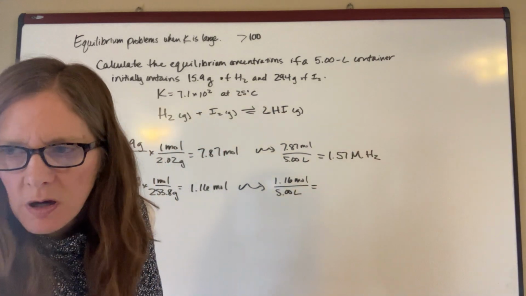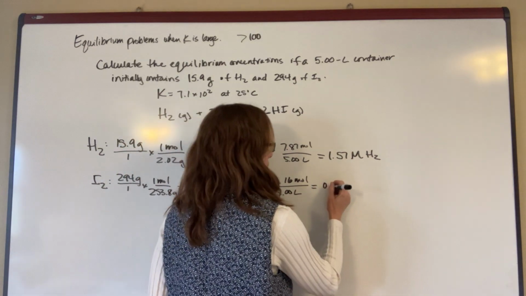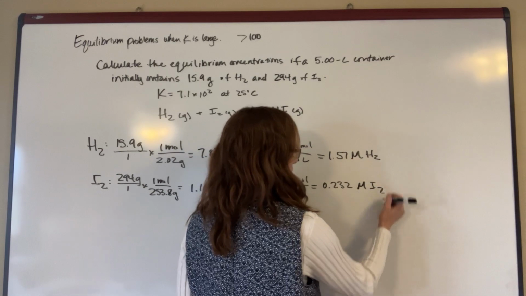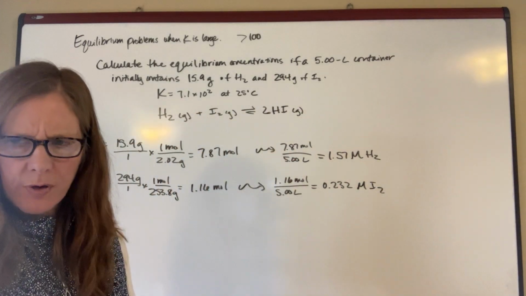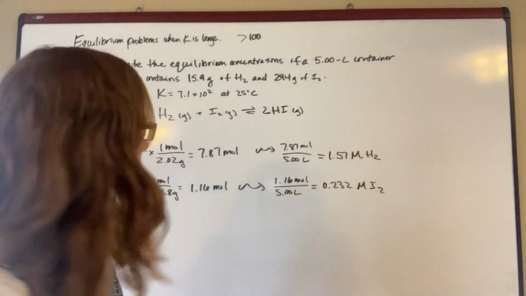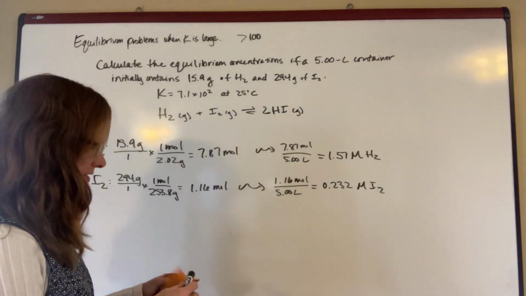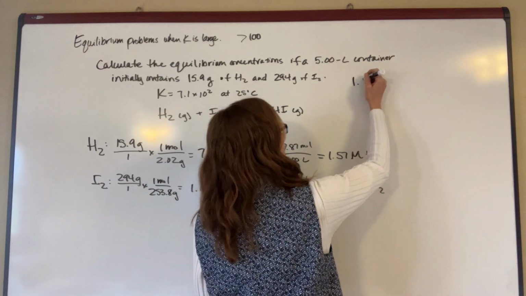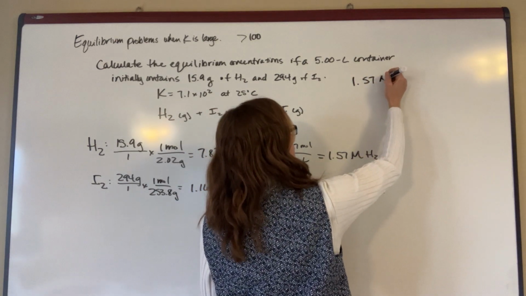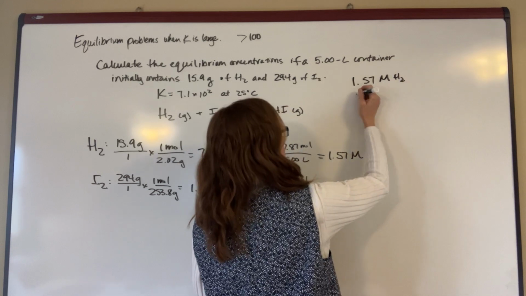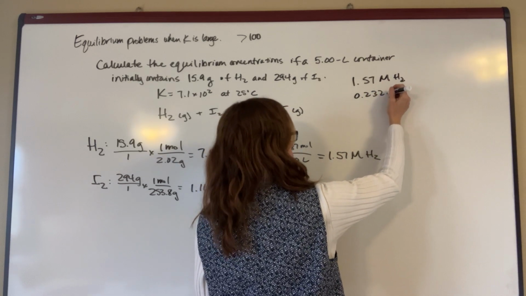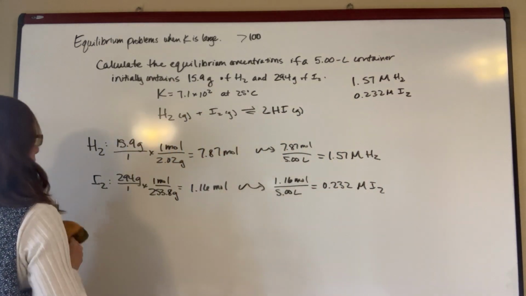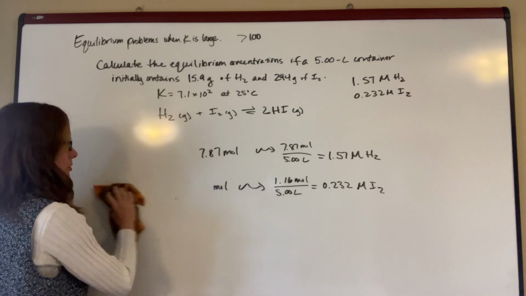And that's going to give me a concentration of 0.232 molar iodine. Now, because this is going to take up so much space, I'm just going to copy these concentrations over up here so that I have them: 1.57 molar H2 and 0.232 molar I2. And we'll erase this so that we've got some more space.